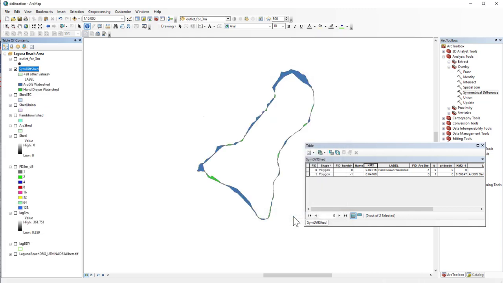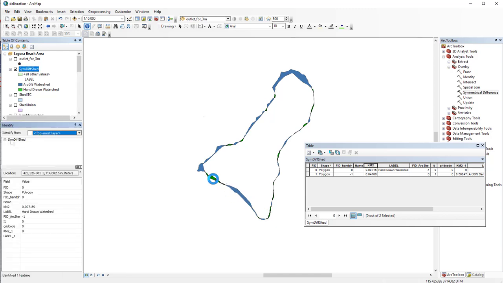Okay, so now I have a shapefile where I've symbolized my areas. This is the area that came from the hand-drawn watershed that was part of the ArcGIS watershed, and here's the area from the ArcGIS watershed that was not included in the hand-drawn watershed.